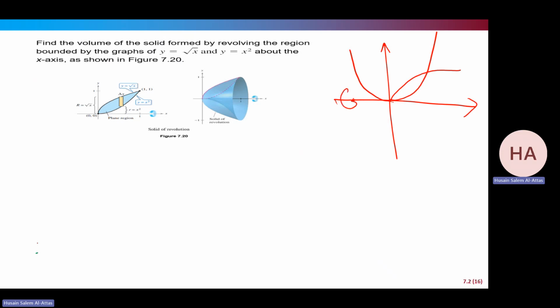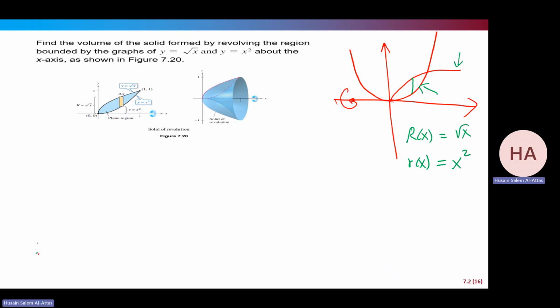I want it to be about the x-axis. Okay. The same idea, we'll do the line. But I have outer radius and inner radius. What will be the outer radius? Capital R will be this function, the bigger one, which is square root of x. The inner radius will be this function, which is x squared.